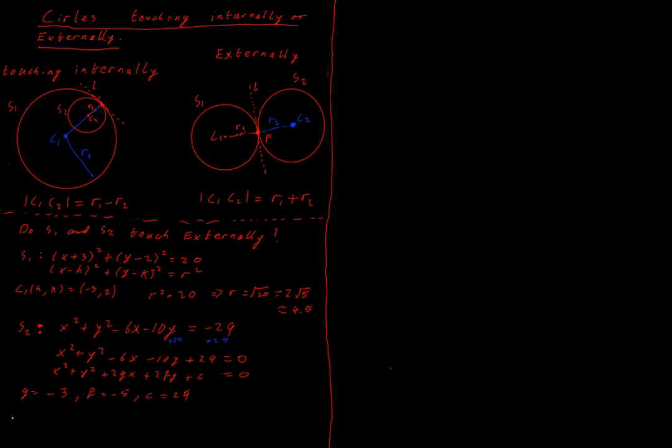So my center is at (-G, -F), and that's at (3, 5). And my radius is given by the square root of G squared plus F squared minus C, which is equal to the square root of (-3) squared plus (-5) squared minus 29.